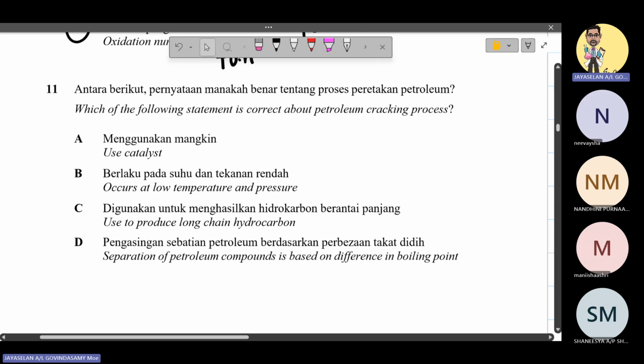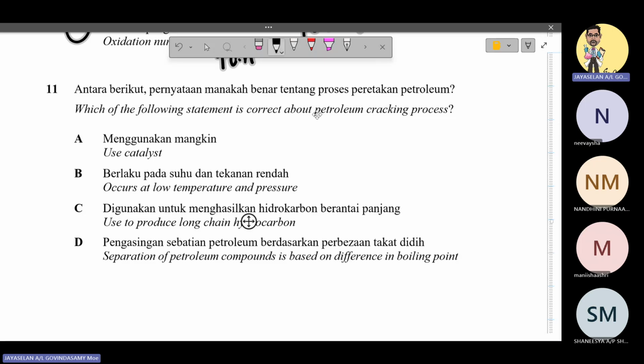Which of the following is correct about the petroleum cracking method? For petroleum cracking we have two methods: thermal cracking and catalytic cracking. Occurs at low temperature and pressure cannot, it should be under high temperature. Separation of petroleum compounds based on different boiling points is the fractional distillation method.